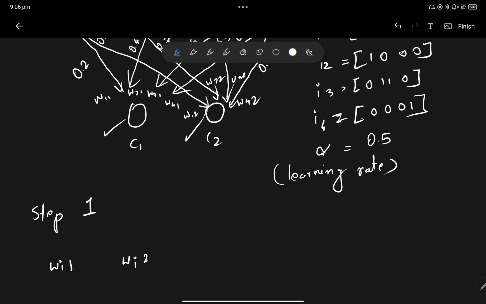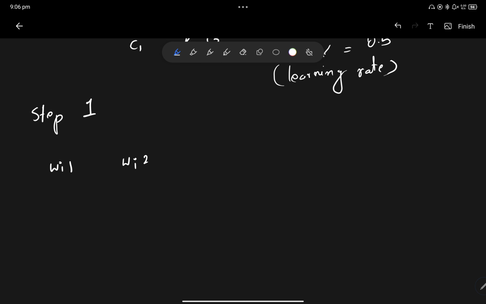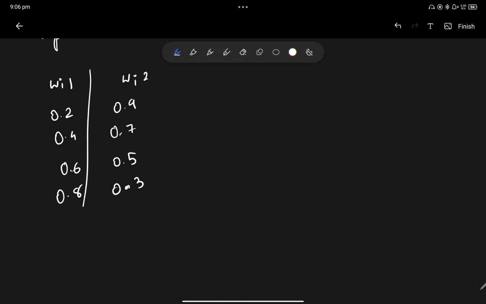From the diagram, for W11, W21, W31, W41 the values are 0.2, 0.4, 0.6 and 0.8. Then WI2 will get 0.9, 0.7, 0.5, 0.3. Okay, we got the table here.